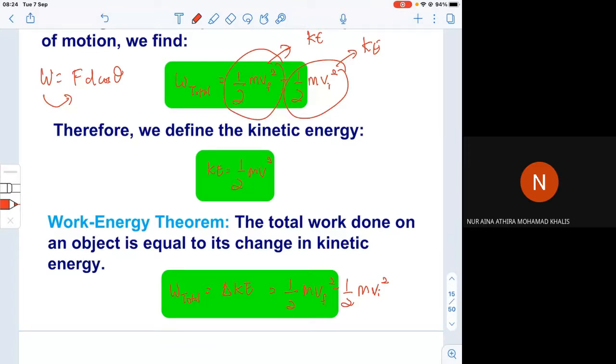So this is the work-energy theorem, relating work and energy. What kind of energy? This is kinetic energy, please remember. At the moment it's just about work and speed: work positive, speed increases; work negative, speed will decrease.